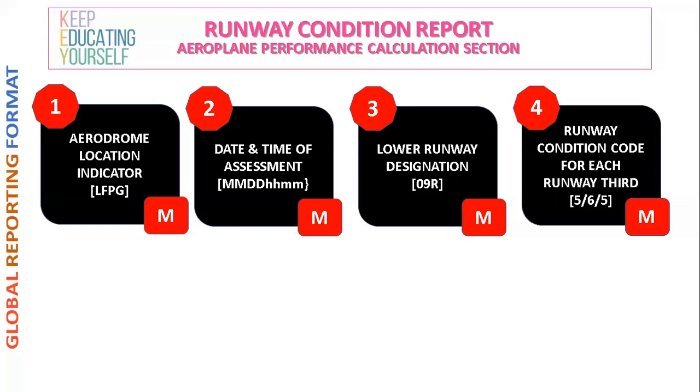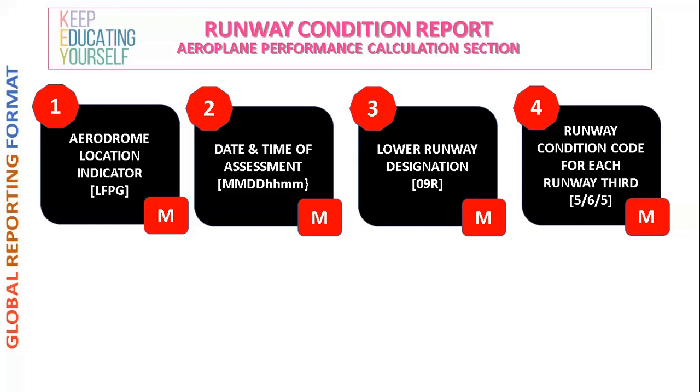Then the fourth element of the first section of the runway condition report, the aeroplane performance calculation section, is the runway condition code. It is a runway condition code for each runway third. For example, I have shown here 565. How to calculate this? We will take help of some tables. This is again mandatory.